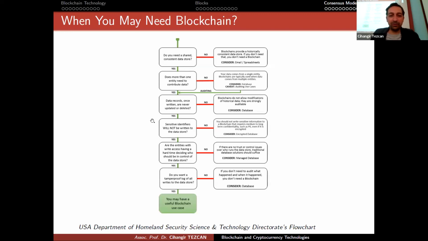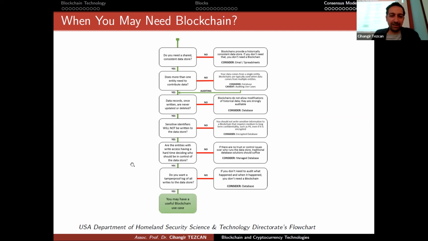The next question is: are data records, once written, never updated or deleted? If you say no, consider using a database. Will sensitive identifiers not be written to the data store? This is very important. A lot of people who want to use blockchain claim scenarios where they say this is permissionless, everybody can read it, but they're also putting sensitive data on the blockchain. So this is not correct. If your answer is no to this, you can use encrypted databases.